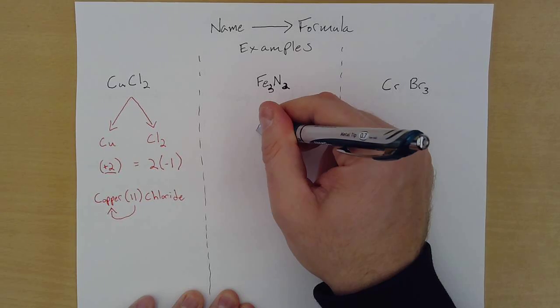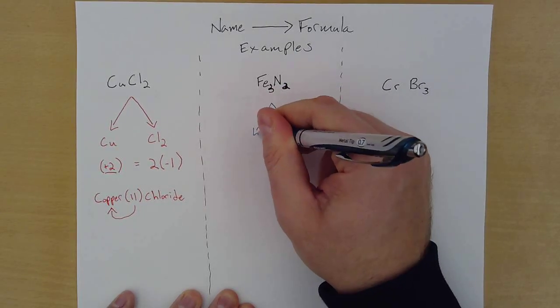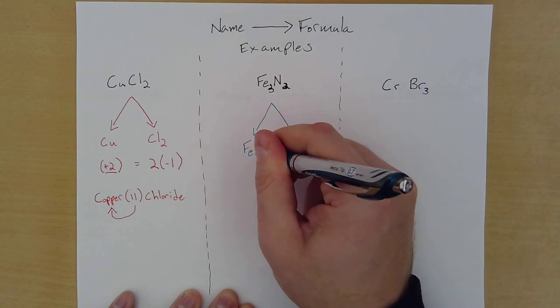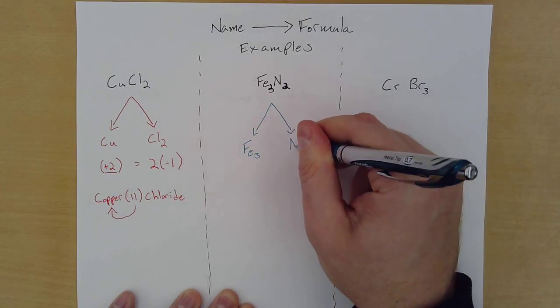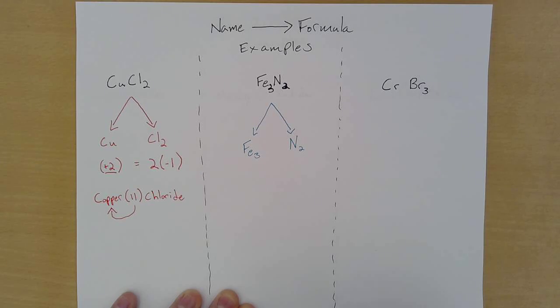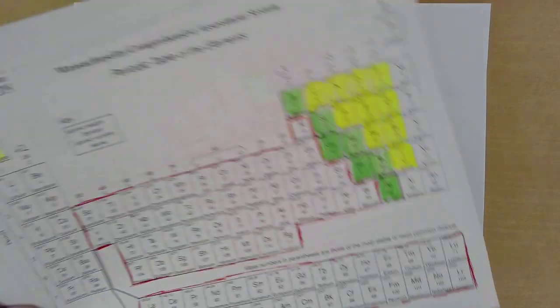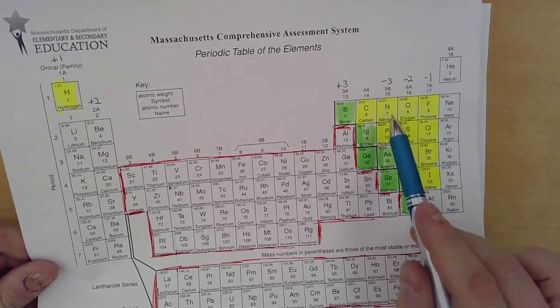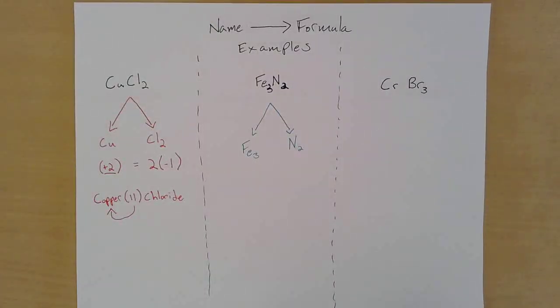Now this one's got a little bit more numbers to it. So we have iron, we have Fe3, and over here we have N, and we have 2. So I look where they are. Iron's in that transition metal piece, and then over here nitrogen's in that -3 category.